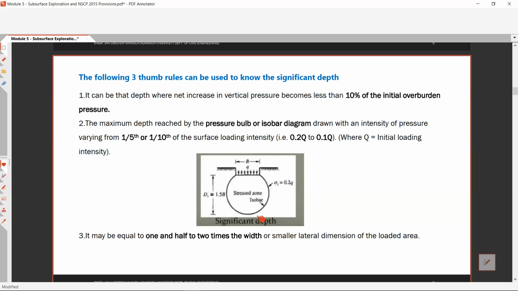Then you draw this isobar pressure bulb. Okay. Then the diameter of that isobar is approximately 1.5 B. Okay, so it may be equal to 1.5 or to 2 times the depth of the smaller dimensions of the loaded area. So this is the significant depth. So we can use 1.5 B to 2B.